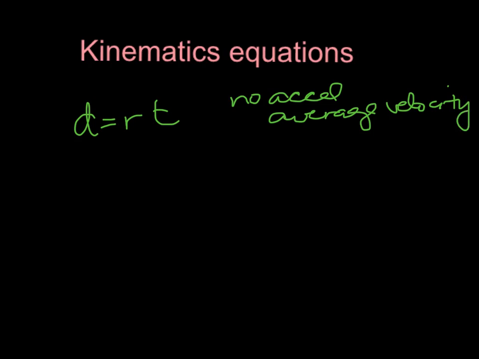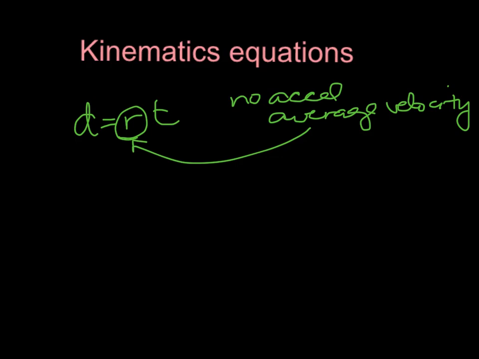This rate here is your average velocity. So sometimes we will use distance equals rate times time, and sometimes it will be that easy. But this is when there's no acceleration, or if you do have an acceleration, you do know the average velocity. So sometimes this is the easy way to solve things.